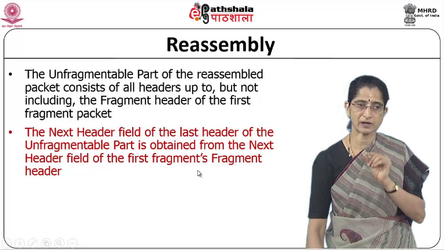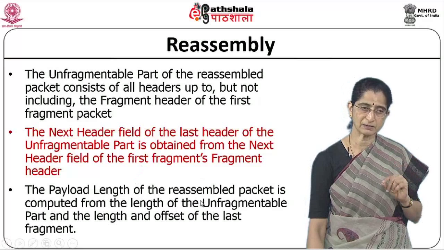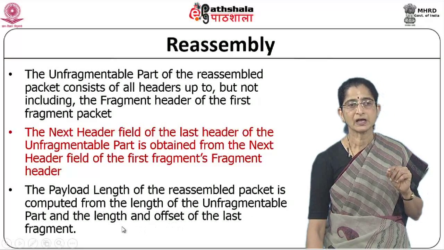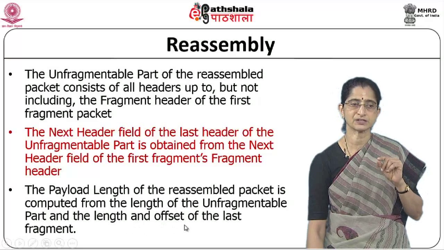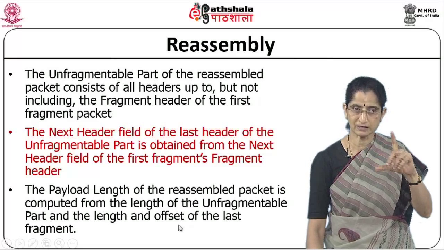So the first fragment's fragment header is the one that will give us that information, okay. And the payload length of the reassembled packet is computed from the length of the unfragmentable part and the length and offset of the last segment. So that will give us this information. So this is basically how the reassembly part gets done.